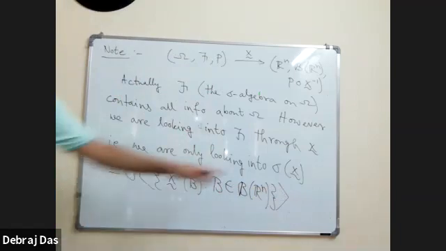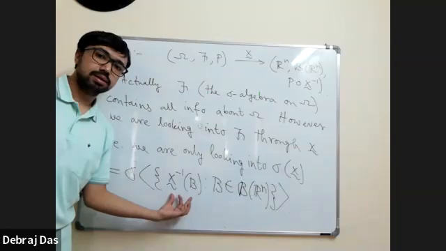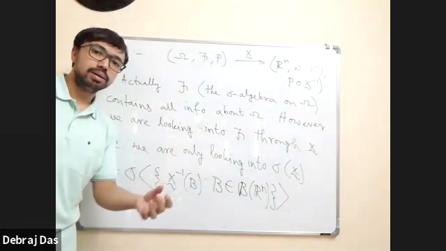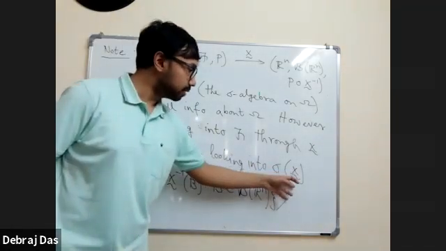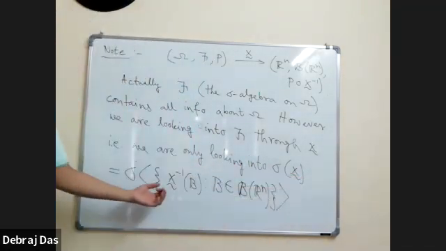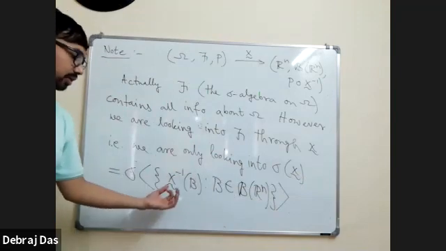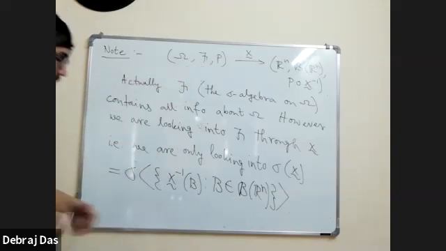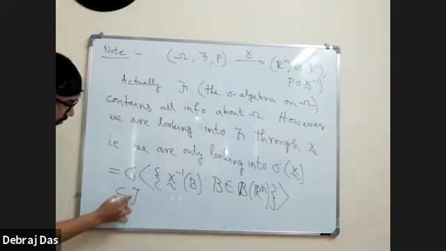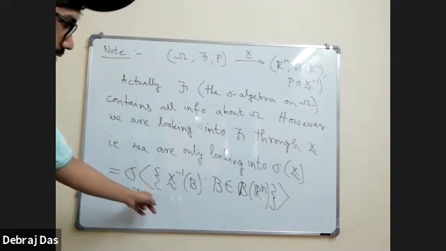So this sigma of X-tilde is nothing but the sigma algebra generated by this kind of sets. You have already seen that to get a random variable or random vector, you need that the inverse of any set with respect to that function belongs to script F, right? So you already know that this sigma algebra is a subset of script F. So is this statement fine?